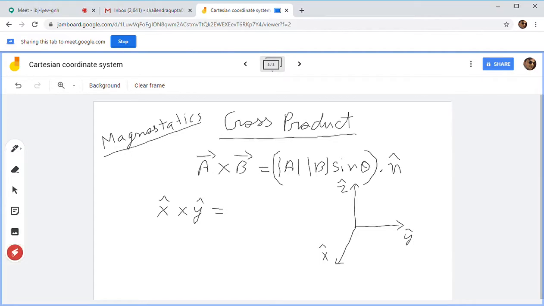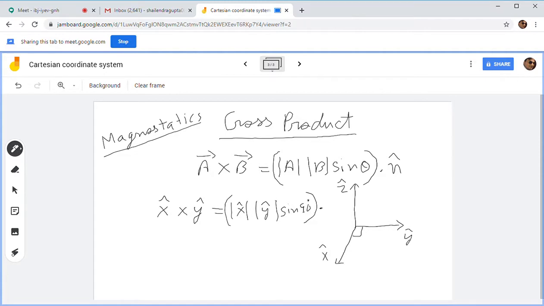If you go by this formula, it will give you mod of unit vector x, mod of unit vector y, into sine 90 degrees. Here it is 90 degrees, so sine 90 degrees will be 1, and the vector that is perpendicular to these two.